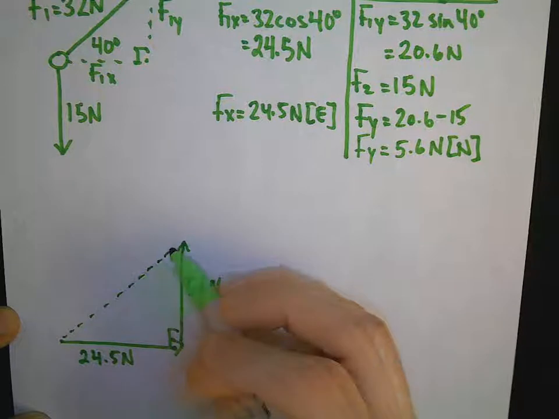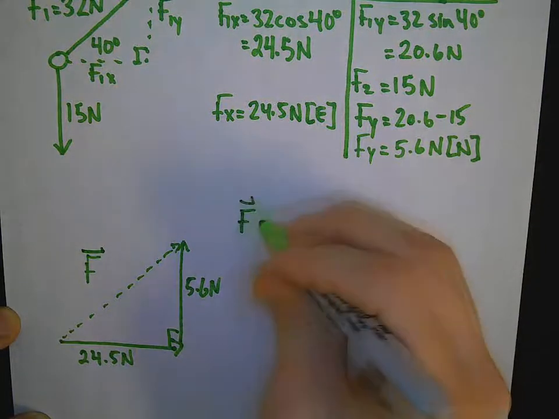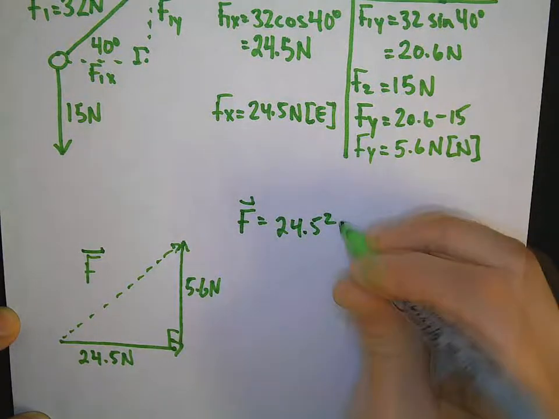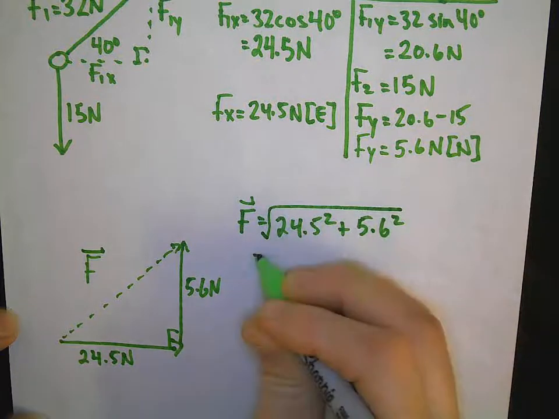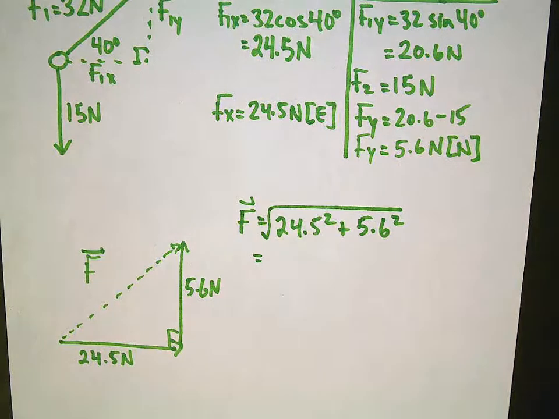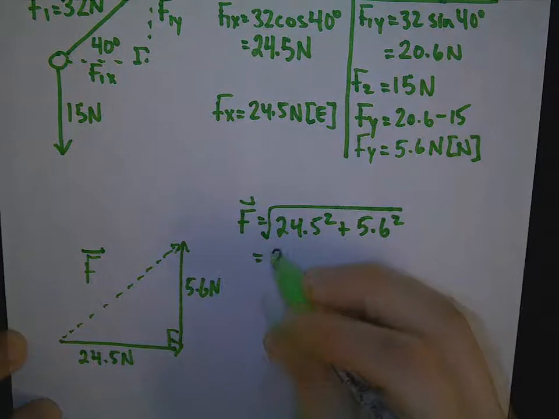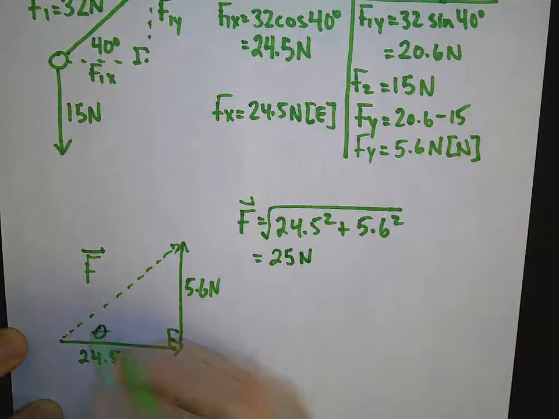So to determine my overall force, I can use the Pythagorean theorem, by taking 24.5 squared, adding 5.6 squared, and taking the square root of that. And that is 25 newtons. And I now must calculate theta.